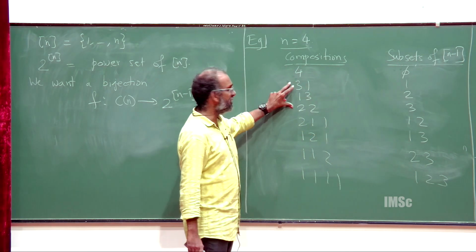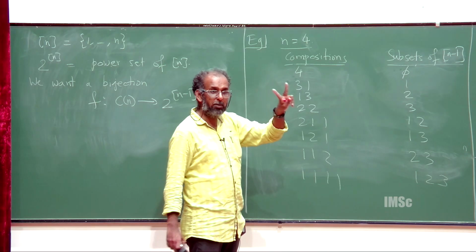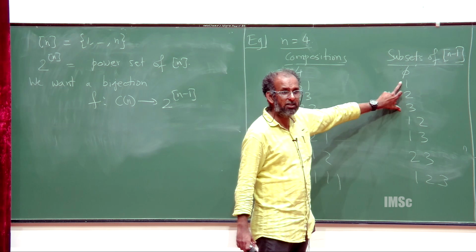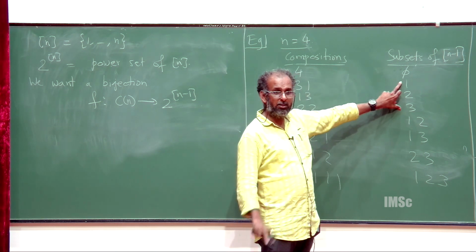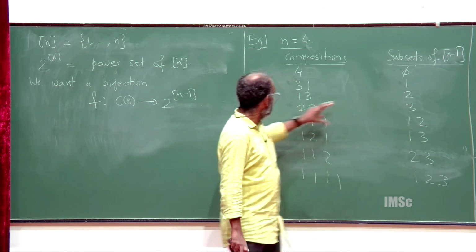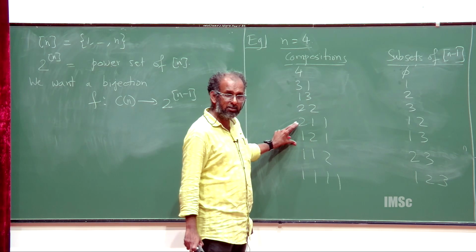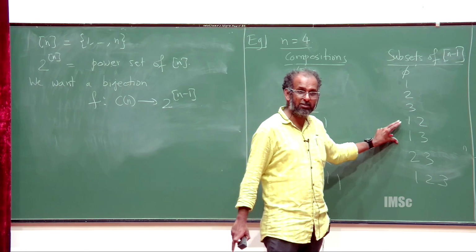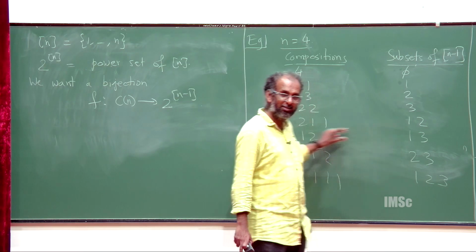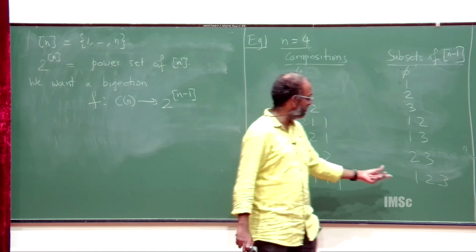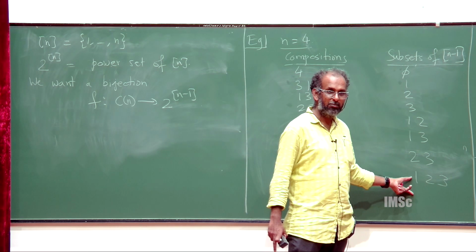There are 3 compositions with 2 parts, and there are 3 subsets with 1 part. There are also 3 compositions with 3 parts, and there are 3 subsets with 2 parts, and there's 1 composition with 4 parts, and there is 1 subset with 3 parts.